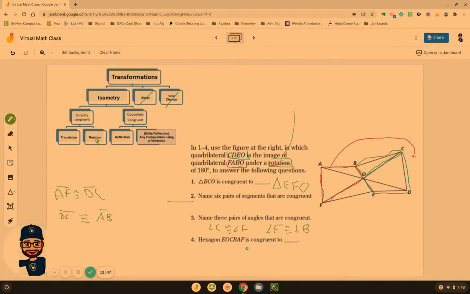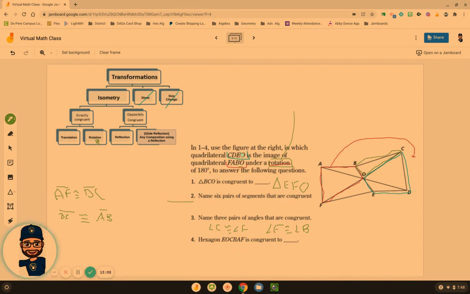Now, there's a hexagon, EOCBAF. E to O to C to B to A to F is congruent to what? We just have to match up.